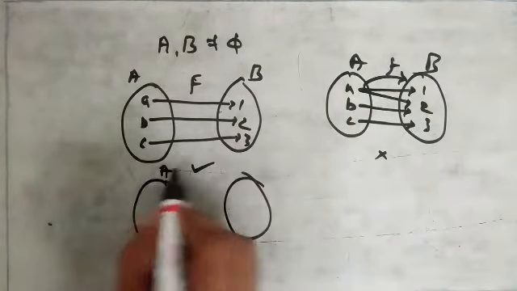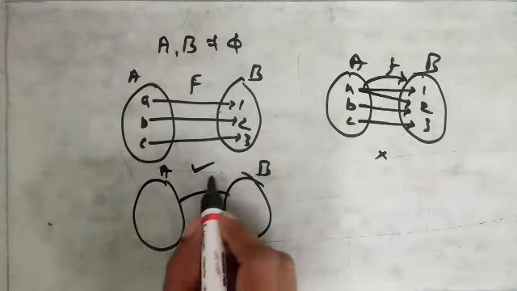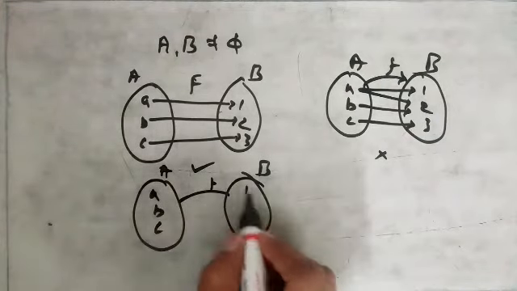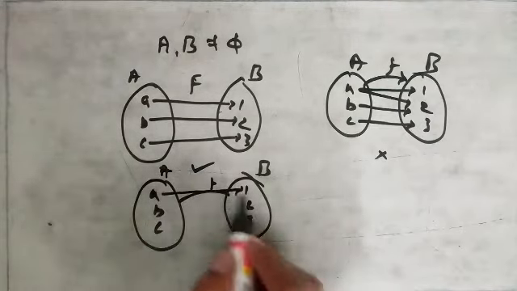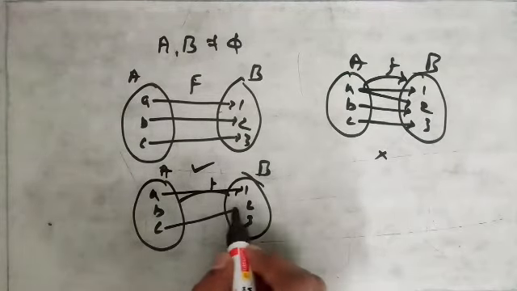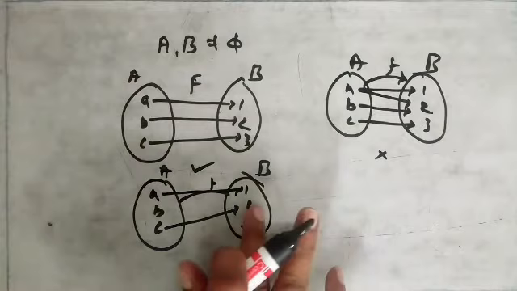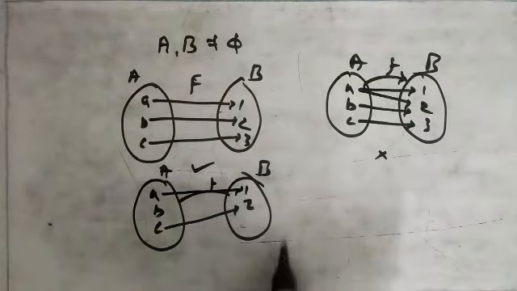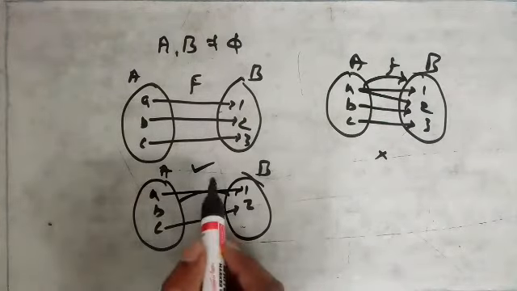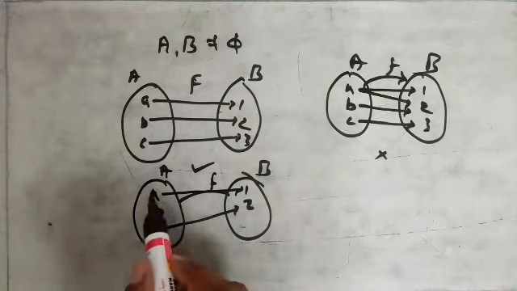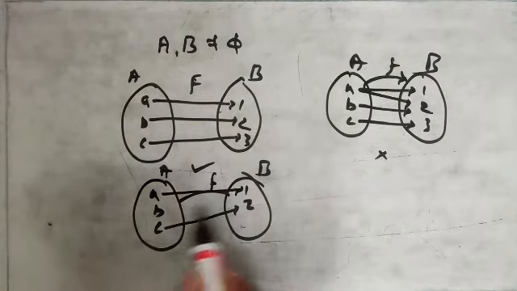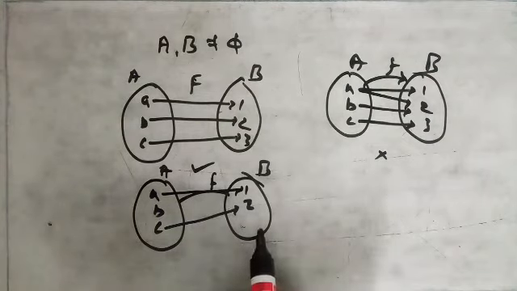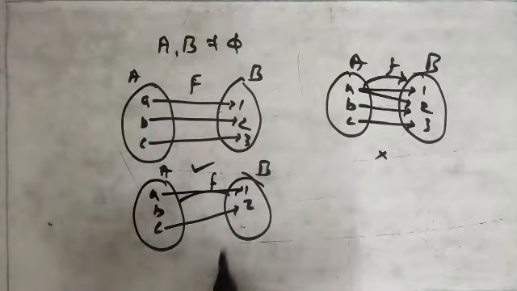Now remember this, for this relation with A, B, C and 1, 2, 3, here A is related with 1, C with 2, and remove the extra element of B. Here this relation F associates A with 1, C with 2, but does not associate B with any element of set B. So what do you say about this relation?